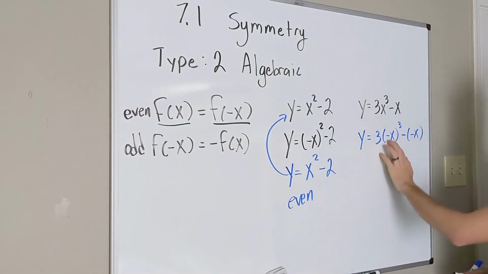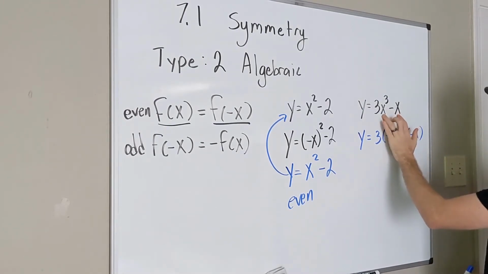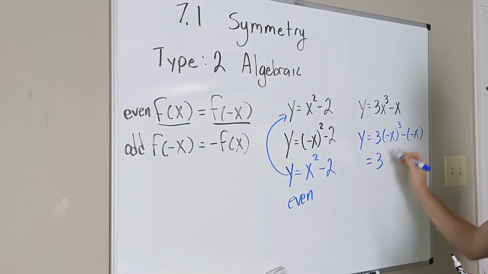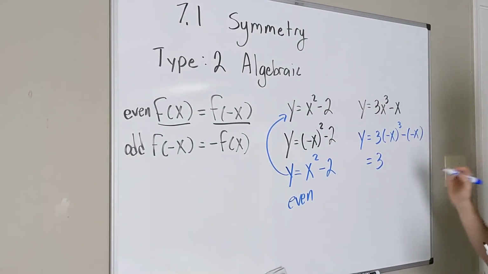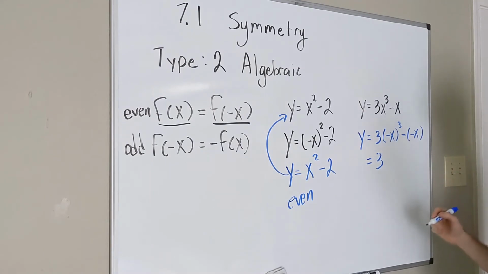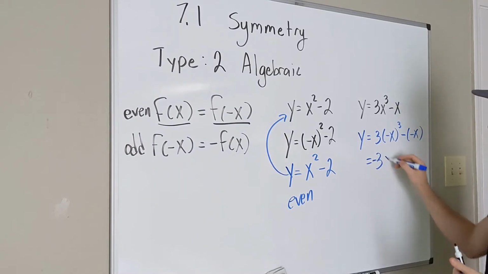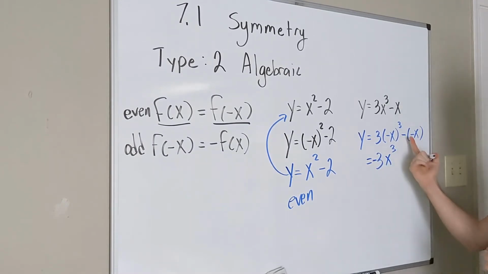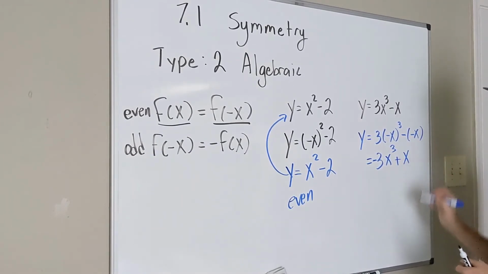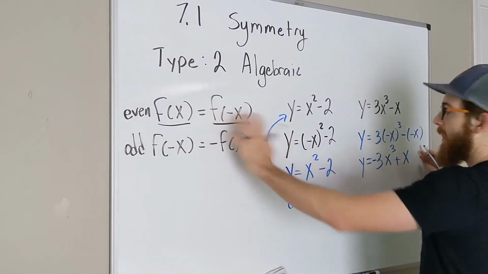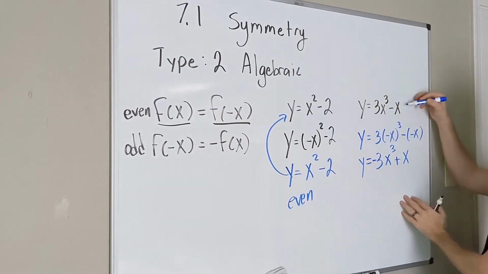I've taken the negative x and substituted it in for both. So what do I get? Well, that's 3. What is negative x cubed? Negative x times negative x times negative x would be negative x cubed. What is a negative times a negative? Positive, so positive x.